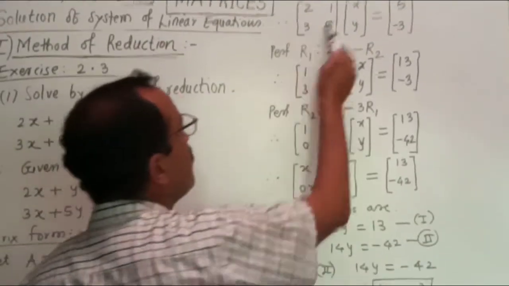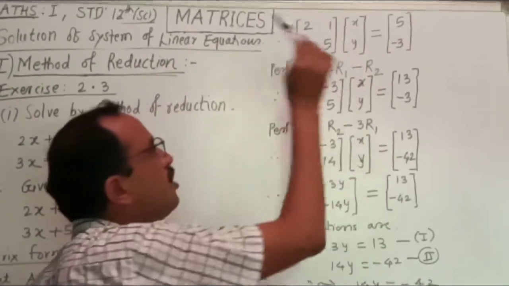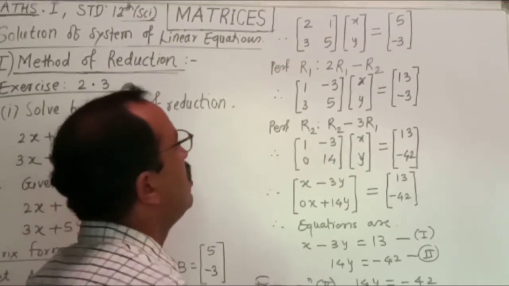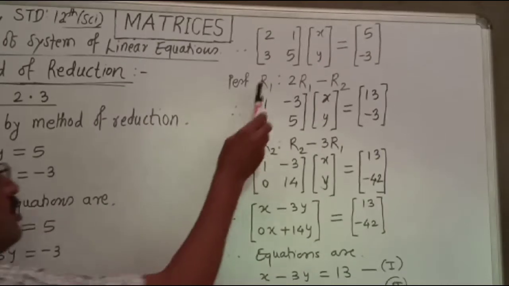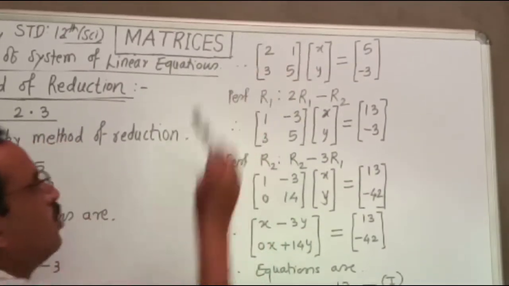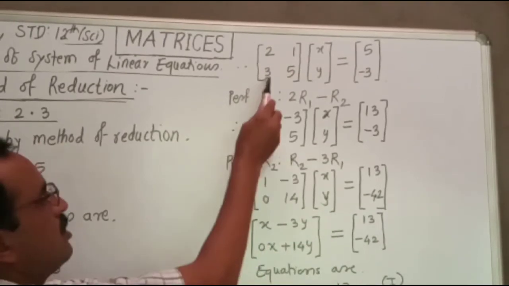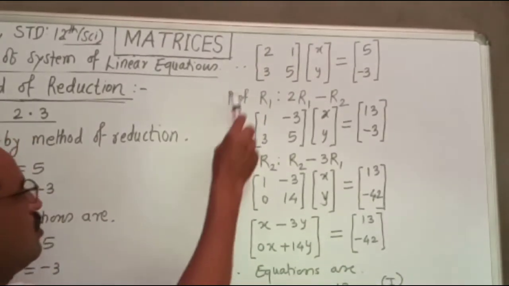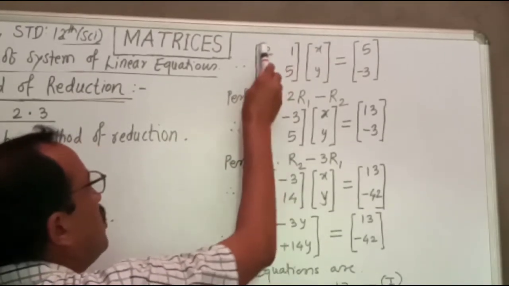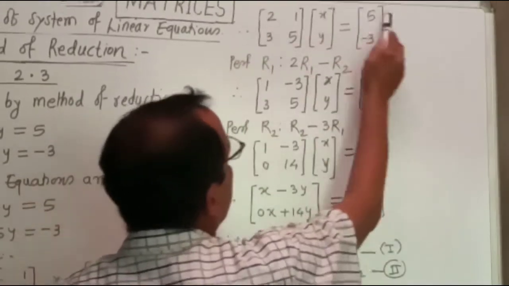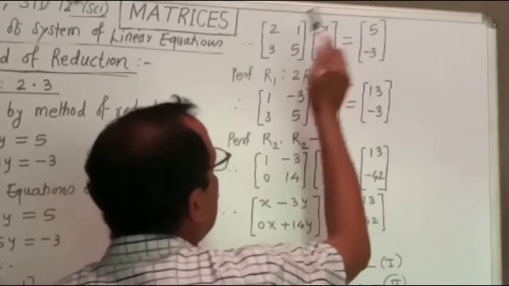Now we convert this matrix A into a triangular matrix, either upper triangular or lower triangular. First of all, we convert the first element 2 into 1, and then we convert the element 3 into 0. So to convert this element 2 into 1, we multiply this row R1 by 2.